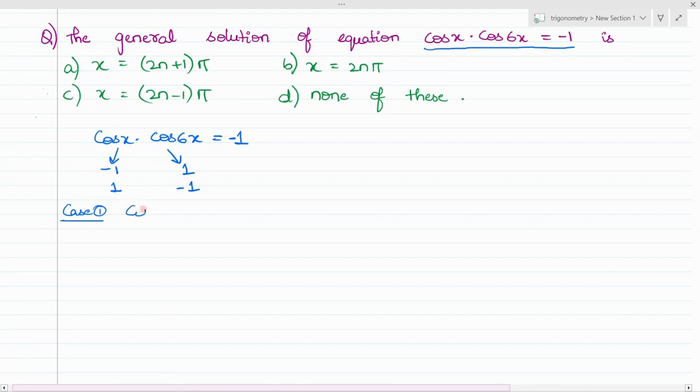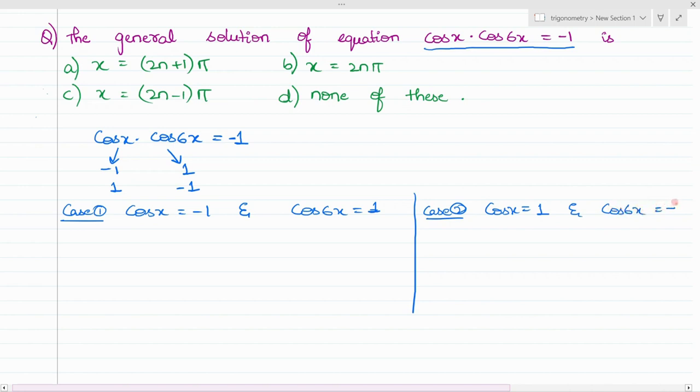Case 1 is cos x is equal to minus 1, and we are talking about the word "and", which means intersection, next, cos 6x is equal to 1. Case 2, cos x is equal to 1 and cos 6x is minus 1. Again, these are simple trigonometric equations, so we can find the general solution. Here cos x is equal to minus 1, which means x is equal to (2n plus 1) into pi.